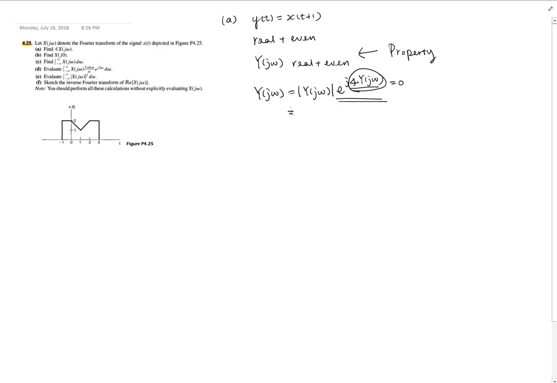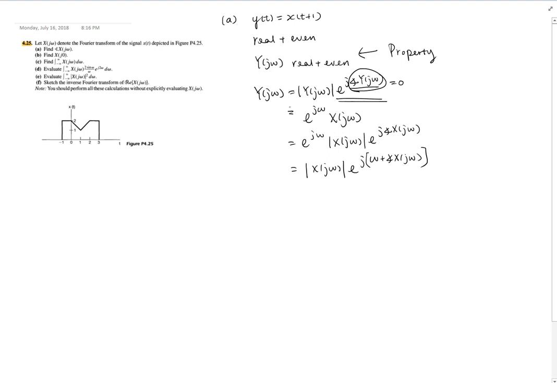And using the time shifting property, which is used very commonly in signals and systems, y(t) is x shifted to the left by 1, so Y(jω) is e^{jω} times X(jω). We might as well write X(jω) in polar form so we can compare the magnitude and the phase with Y(jω).